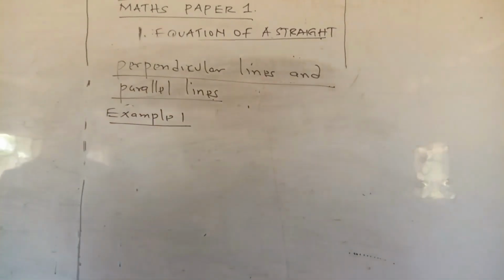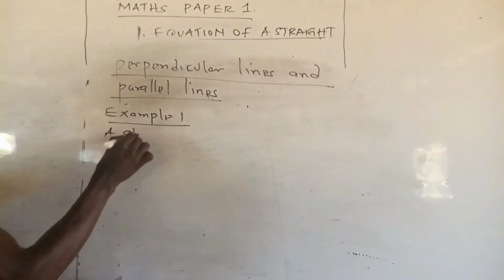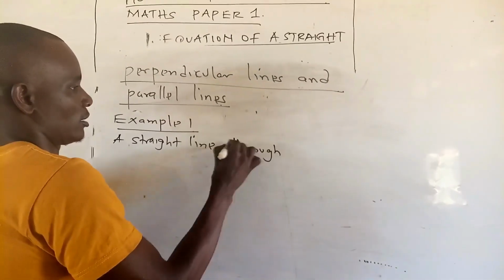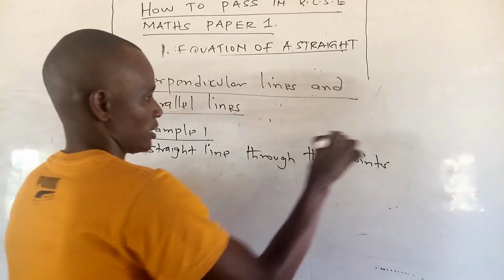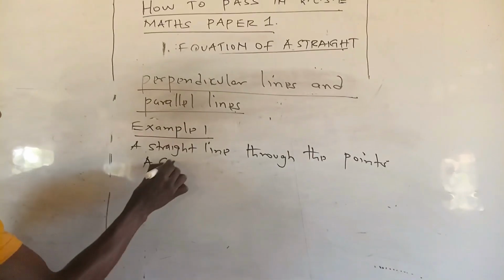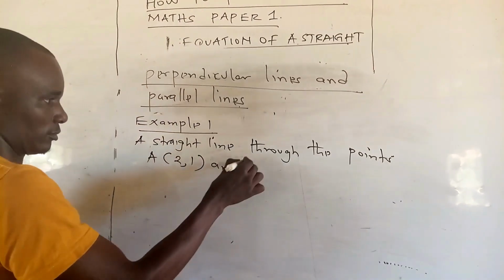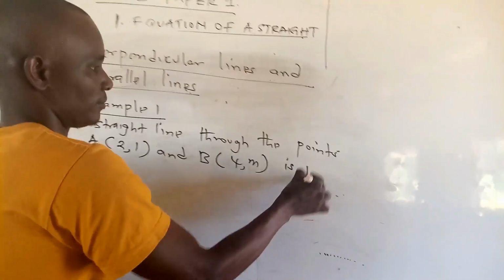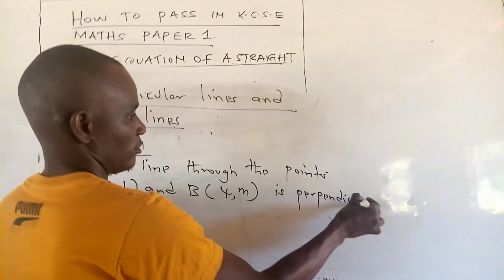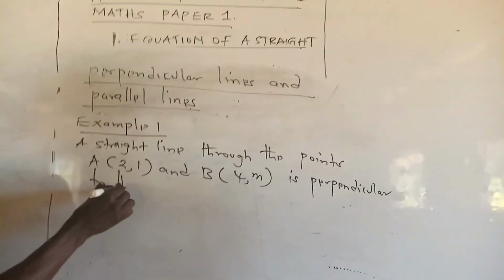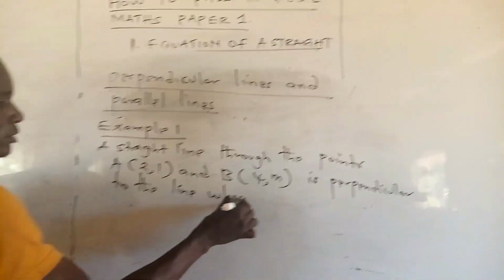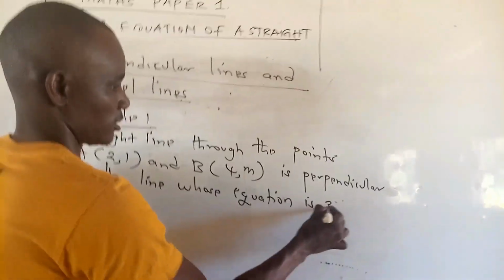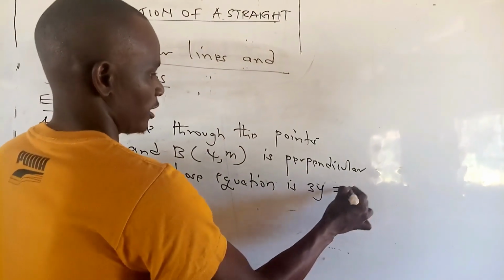In example 1, we have a straight line through the points A, which is (2, 1), and B, which is (4, m), that is perpendicular to the line whose equation is 3y is equal to 5 minus 2x.